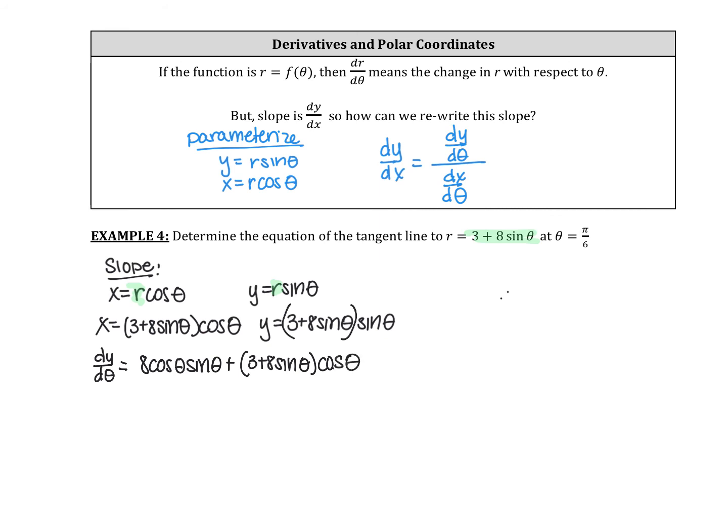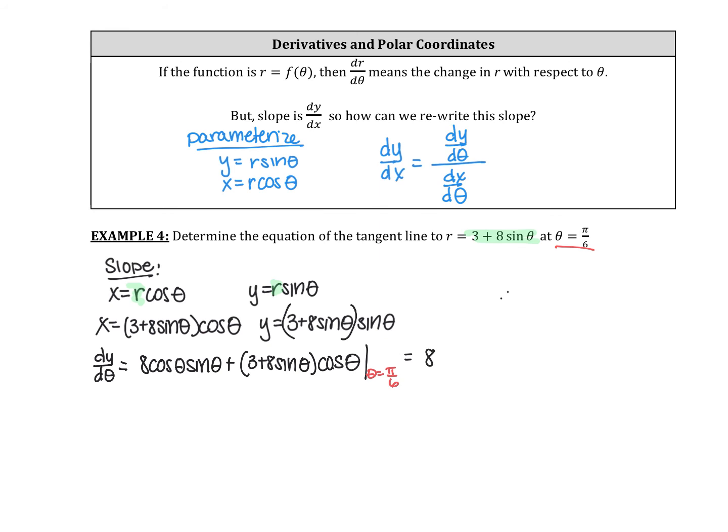And this would be my derivative. Now they did tell us we're doing this at pi over 6. So my theta here is going to be pi over 6. Could I simplify this more? Sure. But if I know I'm plugging in a value, I may as well plug in that value to begin with. So dy d theta, I would have 8 times the cosine of pi over 6.